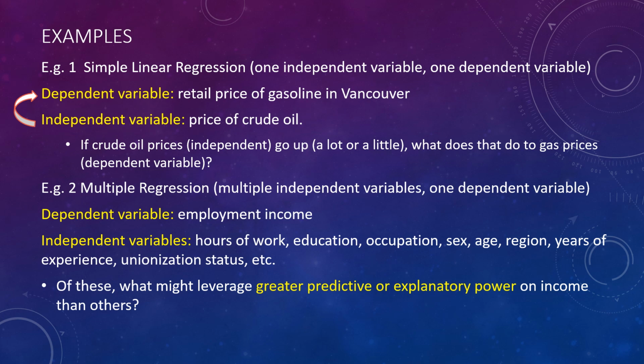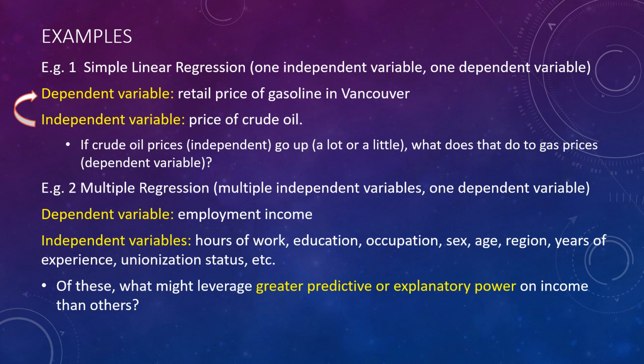And that's kind of the second part of regression. And this is what makes it different from correlation. The price of crude oil can explain, in part, the price of gasoline in Vancouver. But what correlation can't do, and what linear regression can do, is create a model for predicting prices in the future, right?